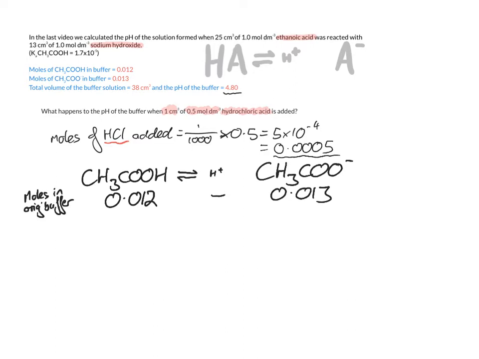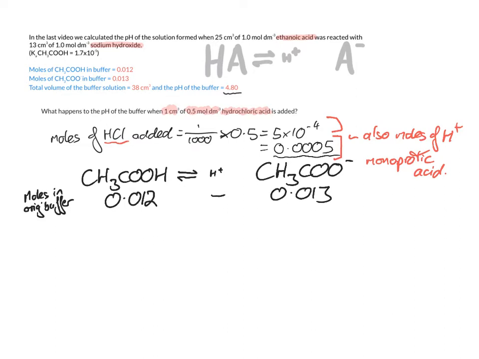Something I should have put up earlier, that actually both of these numbers are also the moles of H plus, because we have a monoprotic acid. If we were using sulfuric acid, you would have to double those numbers.